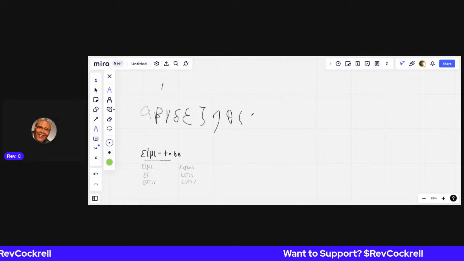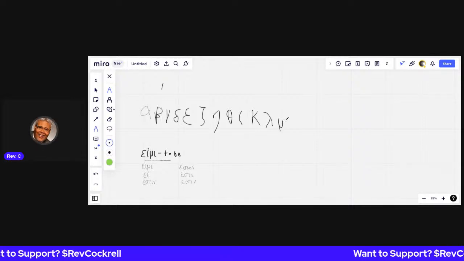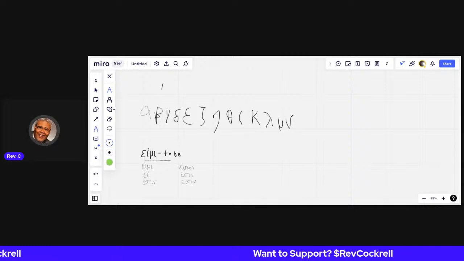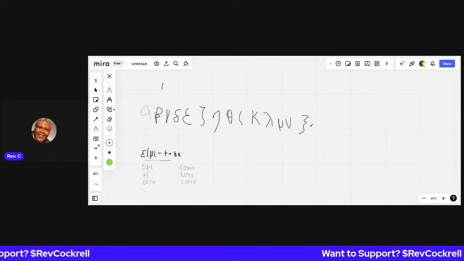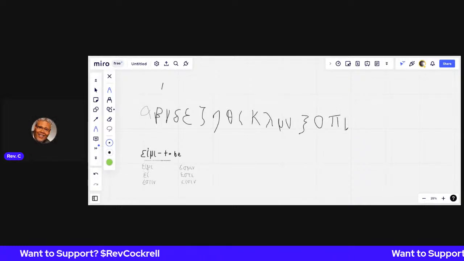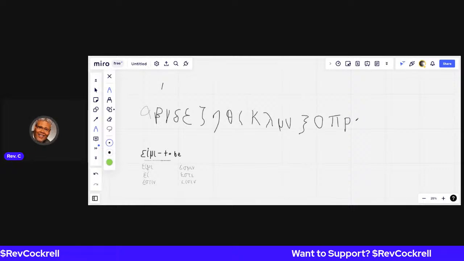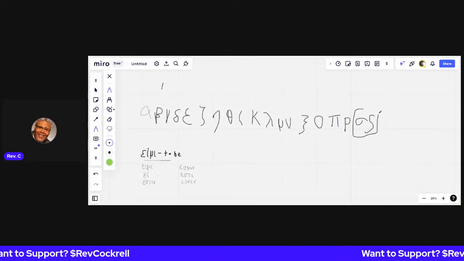Iota, however you want to pronounce it. Kappa. Lambda. Mu. Nu. Xi. Omicron, like omelet. Omicron. Pi. Rho, sigma. Remember, sigma has the two forms.